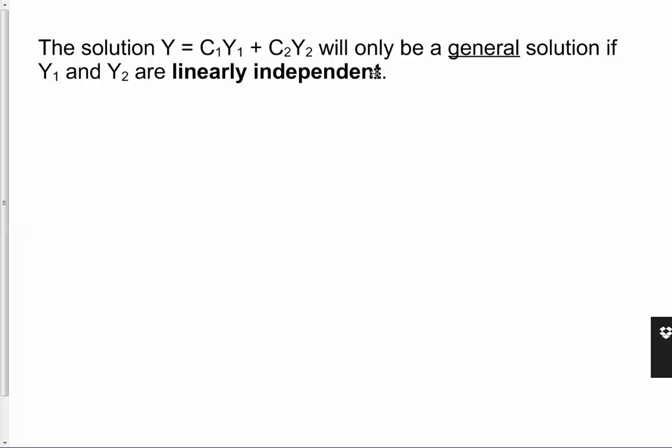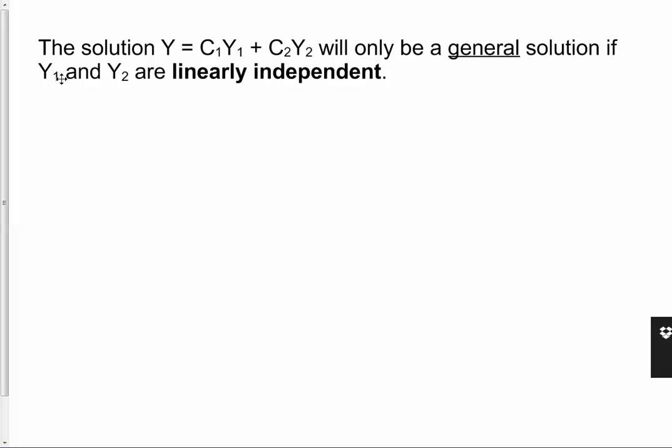If they're not linearly independent, then you won't have enough degrees of freedom with your c1 and c2 to get any initial conditions covered, if that makes sense. So you need linear independence to guarantee that this will be solvable for any initial conditions.